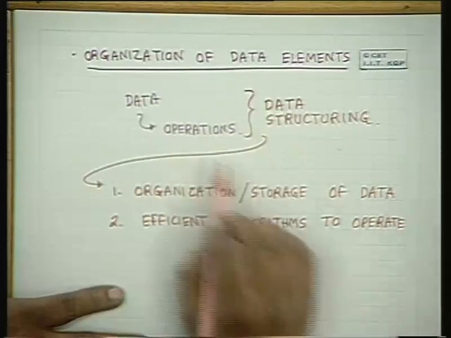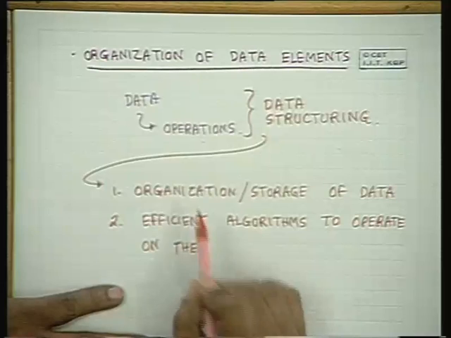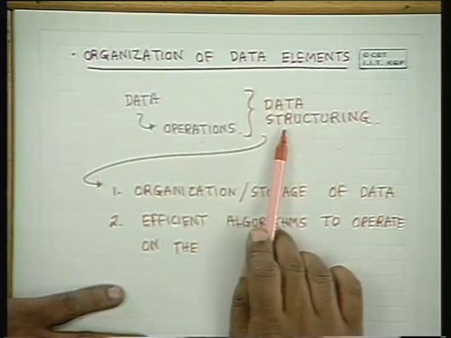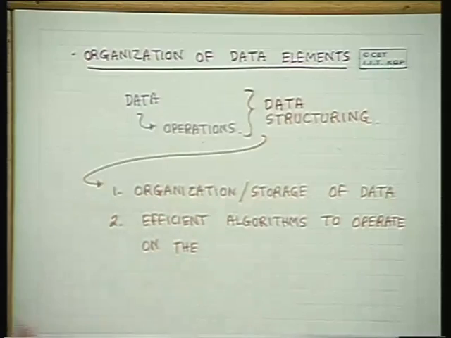Here operate means these operations on the data. So to generate an algorithm you require data structuring, for data structuring you require some more algorithms, and this loop goes on and on. So data structuring means how to organize the data and how to store the data.